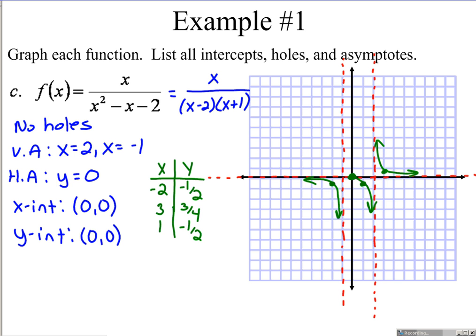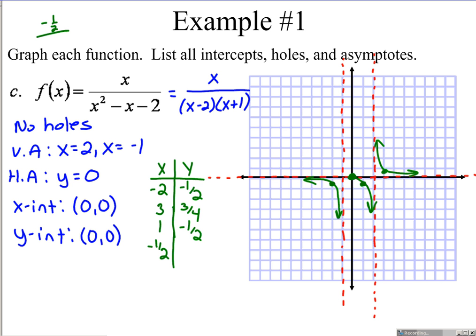And now put in a point between 0 and negative 1, so we're going to have to pick negative 1/2. Go ahead and plug that in. When you plug in negative 1/2 and simplify that, you're going to get in the top negative 1/2. In the bottom, negative 1/2 squared is 1/4. 1/4 minus 1/2 is negative 1/4.